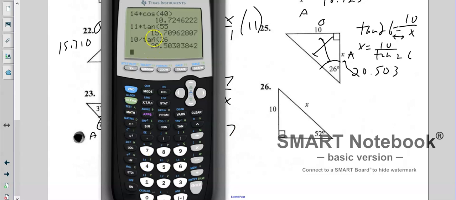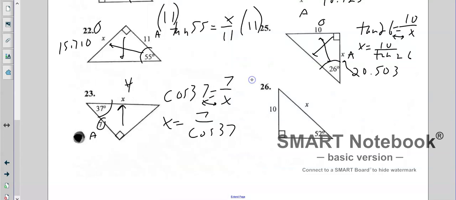Pull up the calculator. 7 divided by cosine 37. 8.7649 makes the 4 round up. So 8.765. That's the hypotenuse right there.